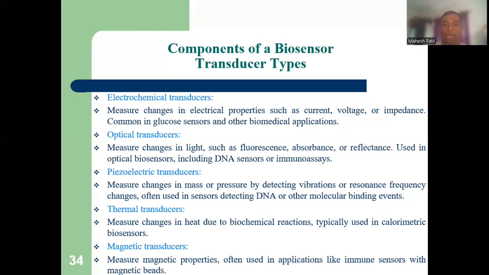Next are thermal transducers, which measure changes in heat because of biochemical reactions, typically used in calorimetric biosensors. And then we have magnetic transducers, which use magnetic properties, often in applications like immunosensors, where we have magnetic bead structures. Those are the different transducer types in short, which we have already seen.